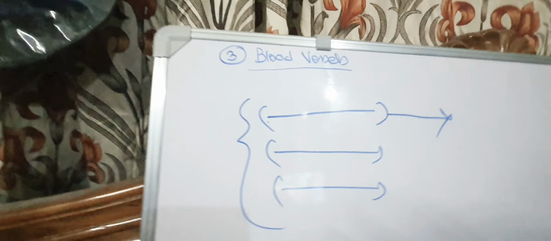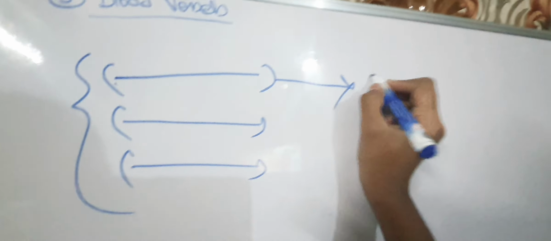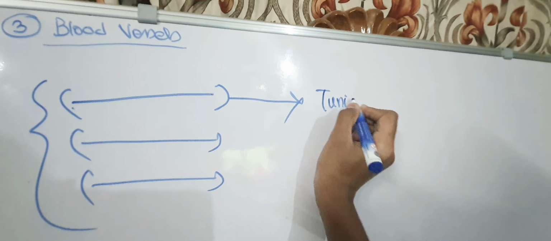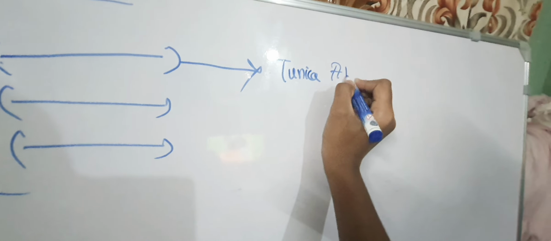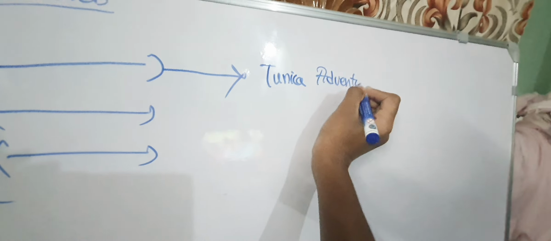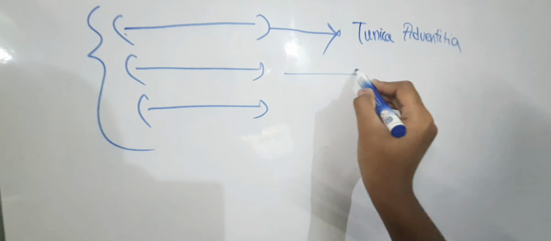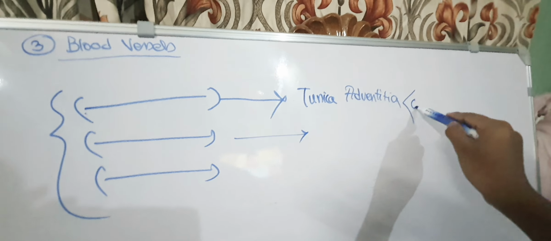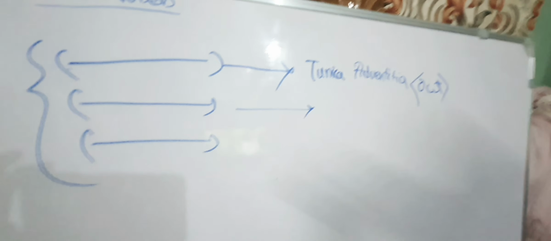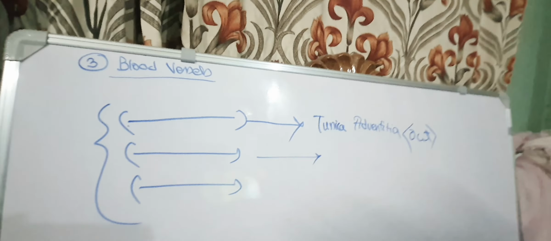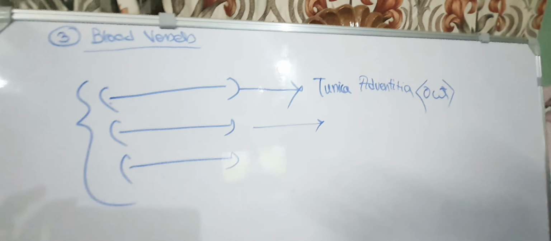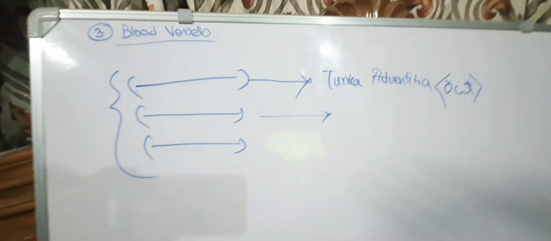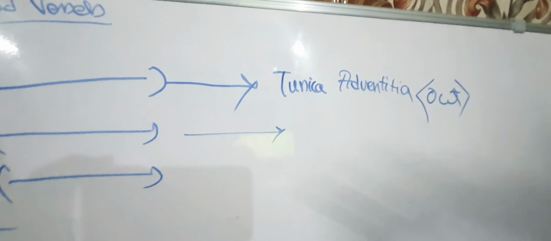The outermost layer is called tunica adventitia. What is it? Tunica adventitia. The outermost layer of a blood vessel is tunica adventitia.